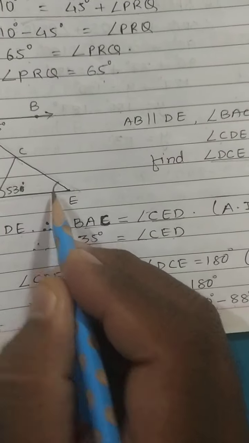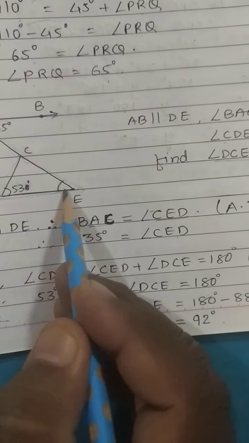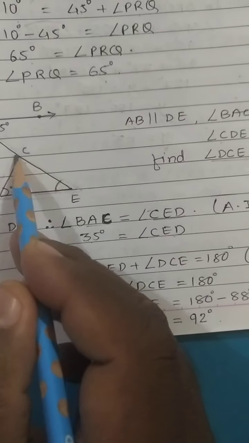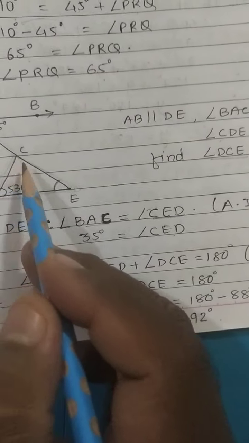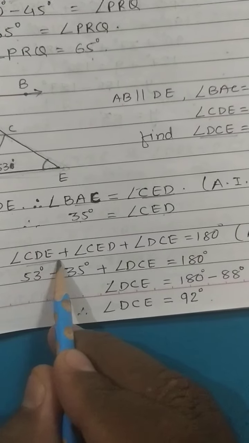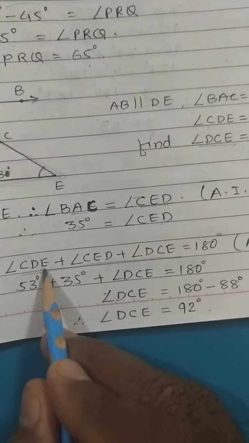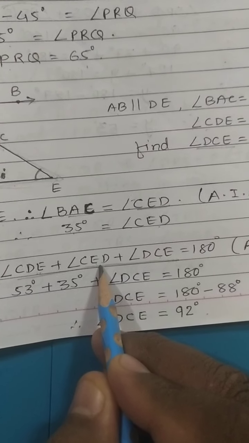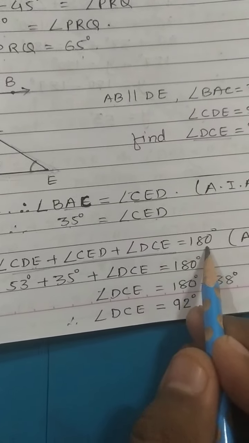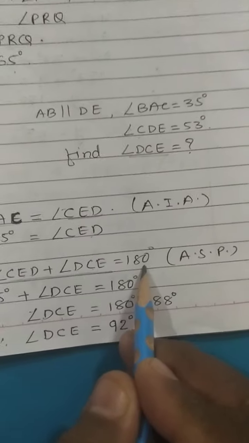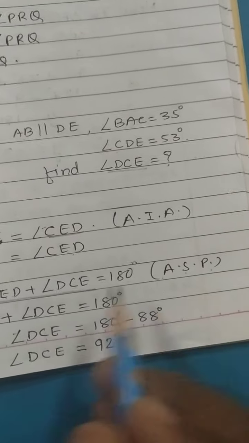This one. Now in triangle CDE, the sum of all interior angles is 180. I have written here the sum of all interior angles, that is angle CDE plus angle CED plus angle DCE is equal to 180 degrees. Angle sum property.